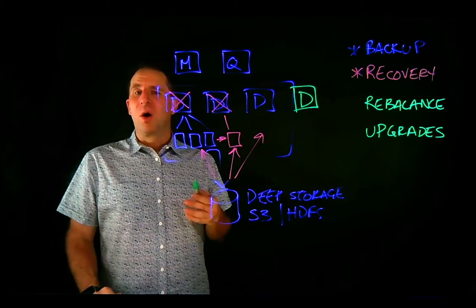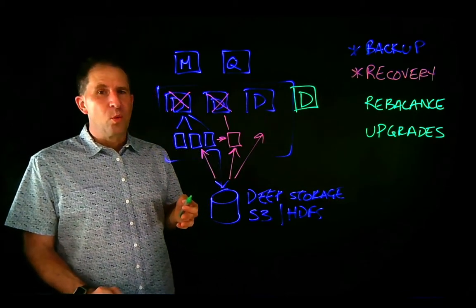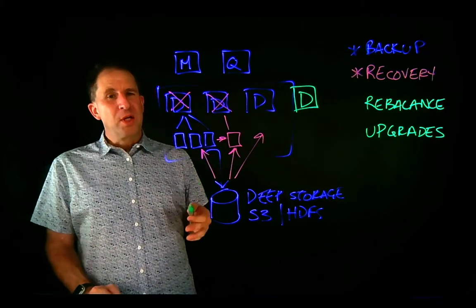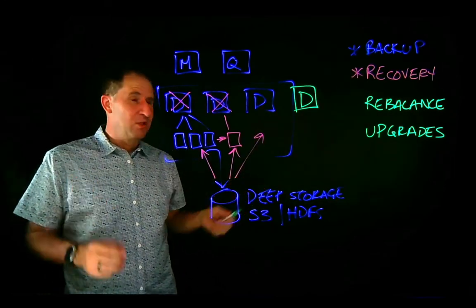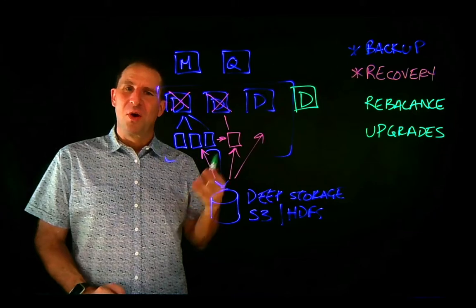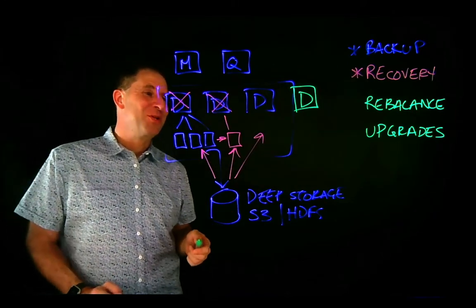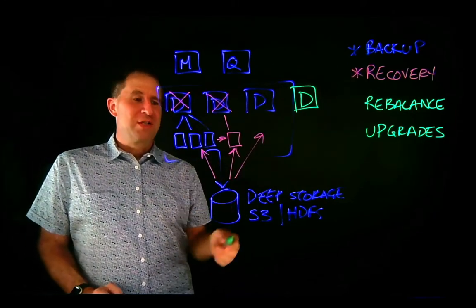Some of the very largest Druid clusters in the world that are handling millions of events per second might have thousands of these data nodes, but again, you don't have to have that many. It just depends on what you're asking the system to do. But let's say you do need to scale out.